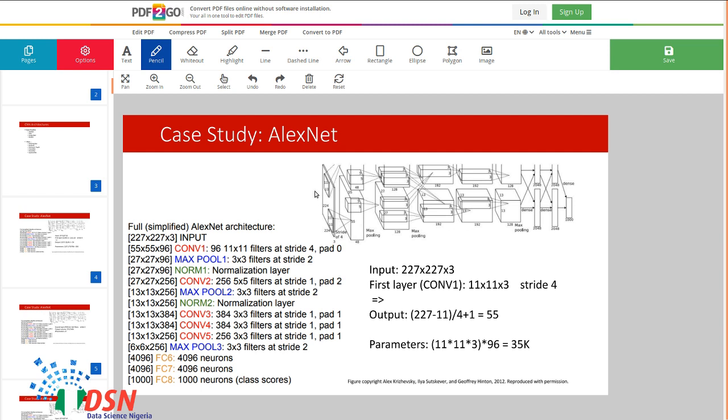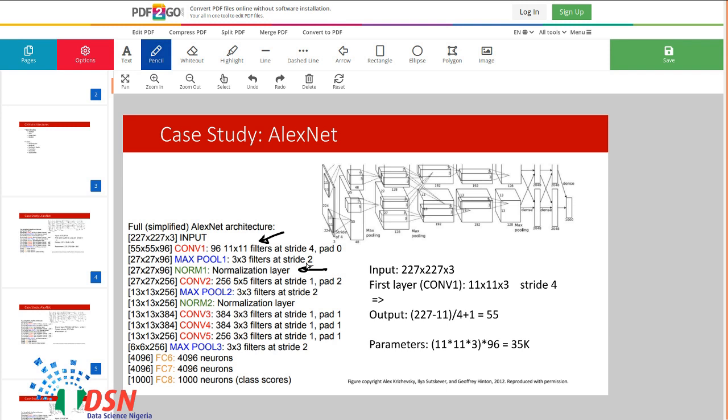So in AlexNet, as you could see, at the first layer we have relatively large filters. So we have 11 by 11 filters. We have stride 4 at the first layer, and we have some normalization layer that is different from batch normalization.